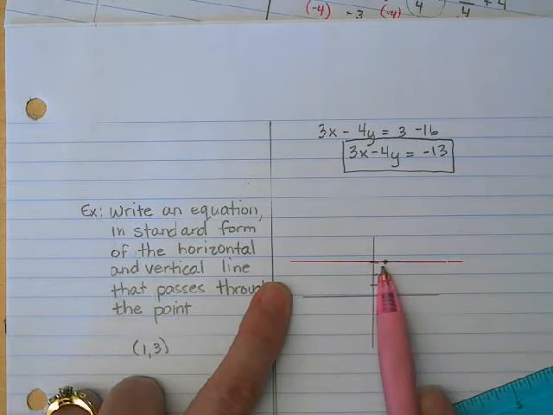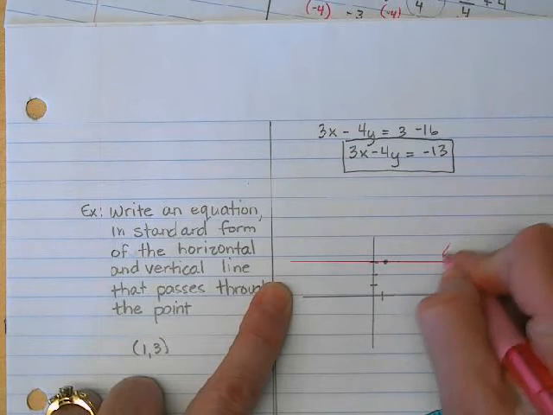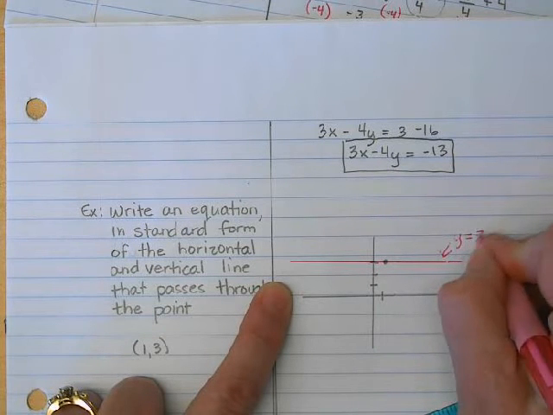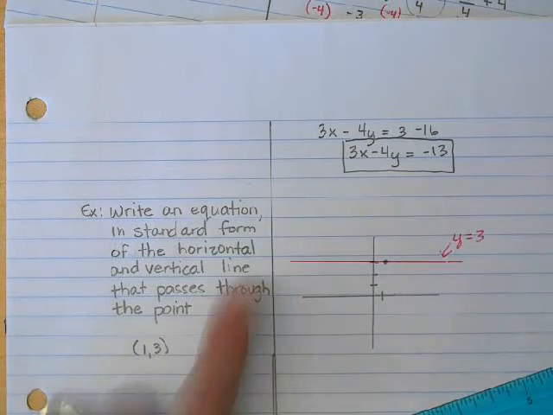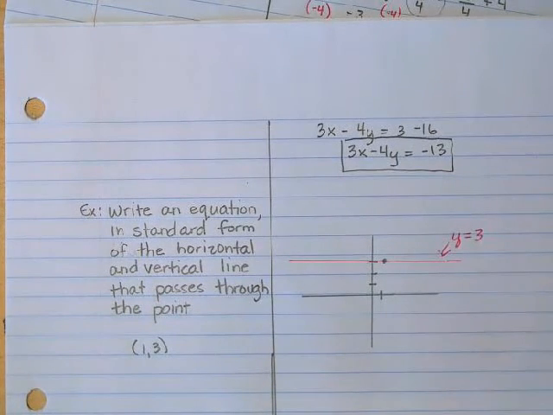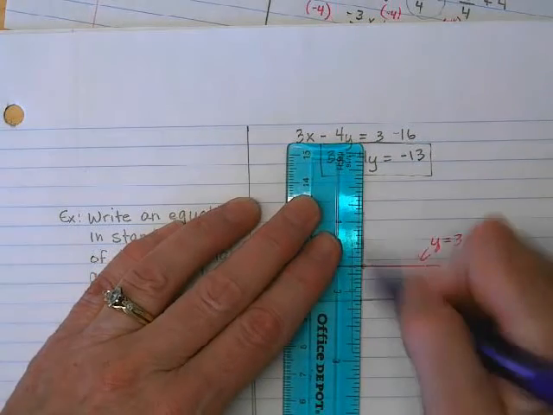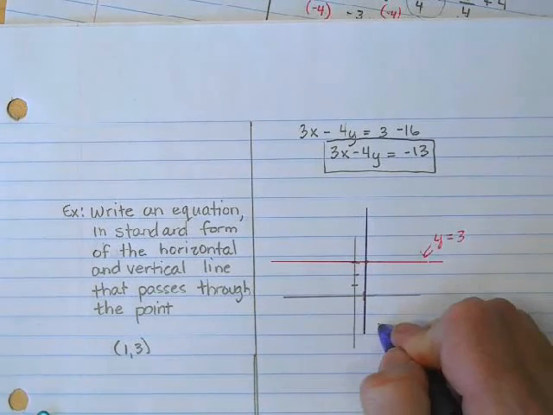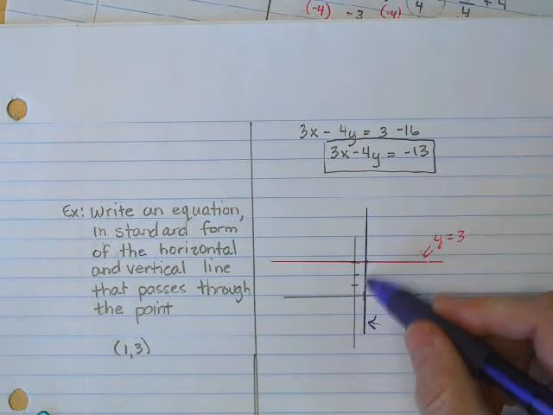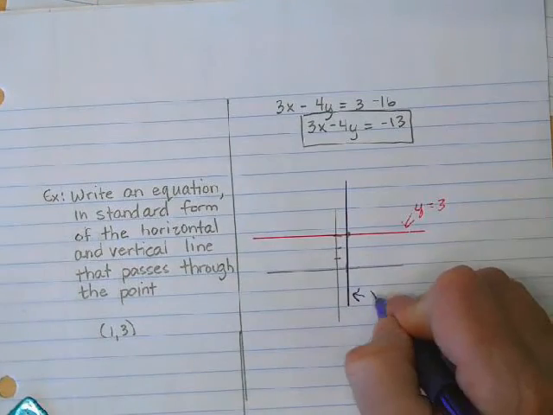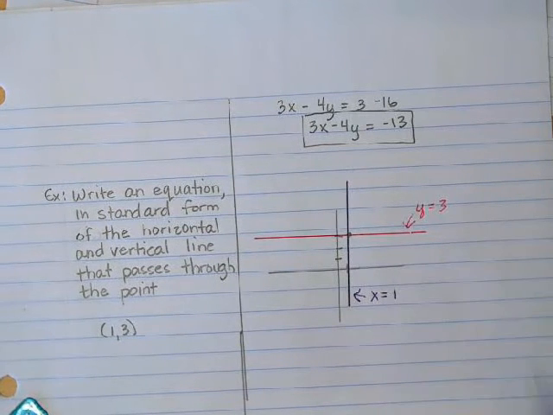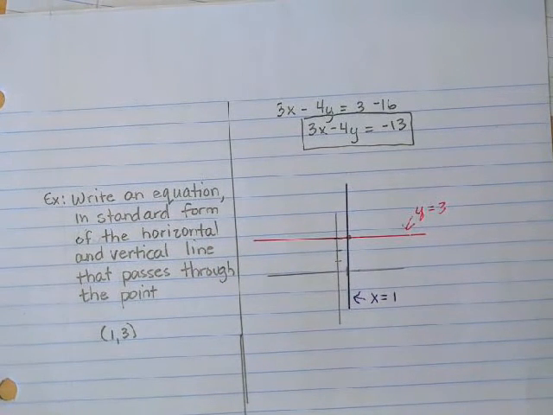And this is at 3, so the horizontal line is y equals 3. The vertical line would go this way, and that goes through 1 on the x. So this has an equation of x equals 1.